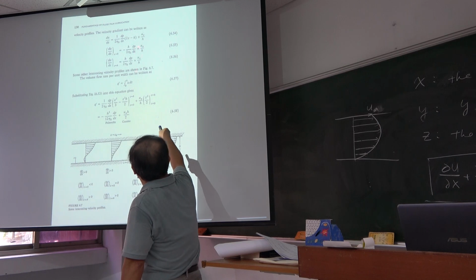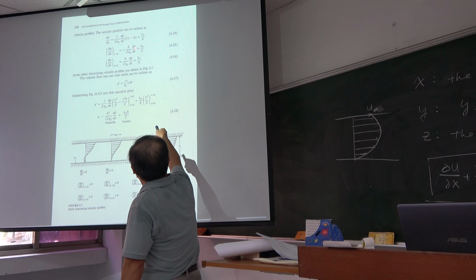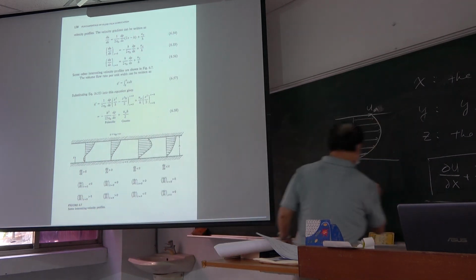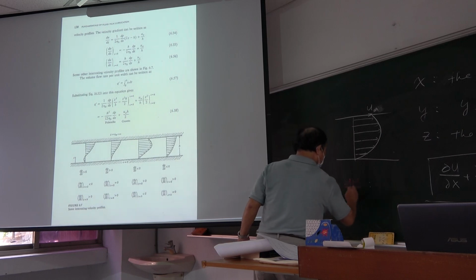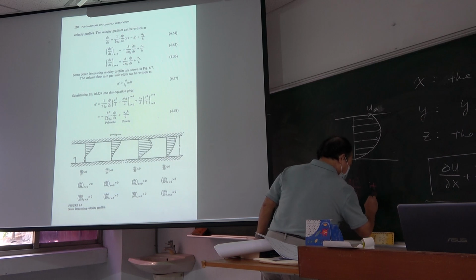These two differ only in the first term. In the first term, dp/dx may be positive, may be equal to 0, or may be negative.